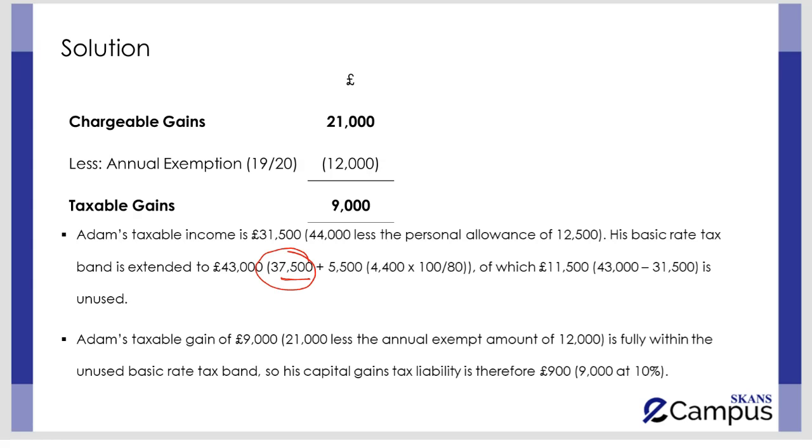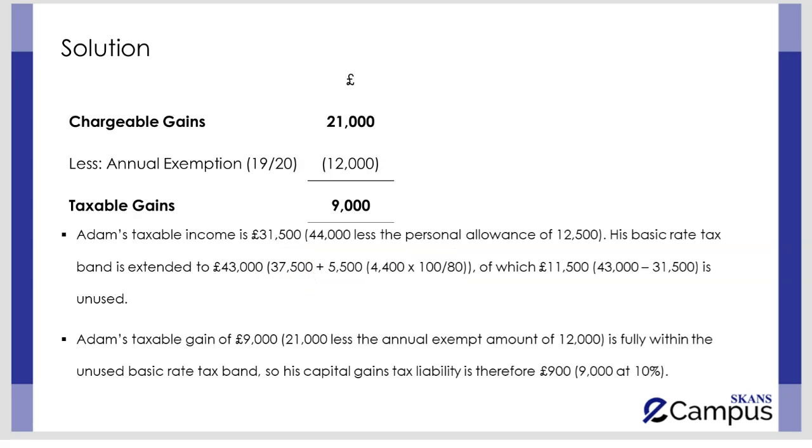Normally the basic rate band has a capacity of £37,500, but we have to add the gross amount of personal pension contribution made by that individual, which, as quoted in the question, is £4,400, being a net value. So I need to multiply it by the fraction of 100 over 80 to come to know what the gross figure is. The gross amount of personal pension contribution is £5,500, and this is how you can see that the basic rate band has been extended to £43,000.